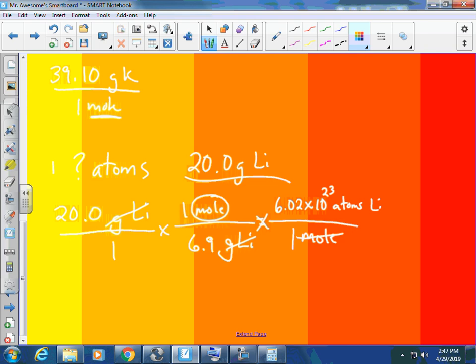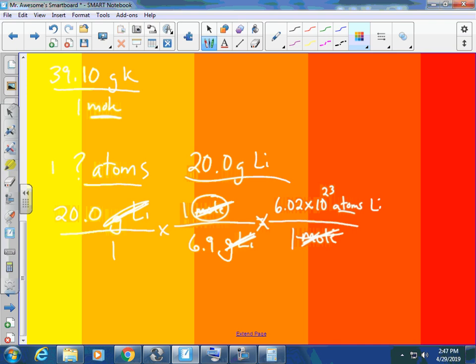And look, the moles cancel out also, okay? So now setting this up so that my units all cancel properly, and then looking at the unit I have left, and seeing that it's what I'm looking for, I know that I have the proper equation here.